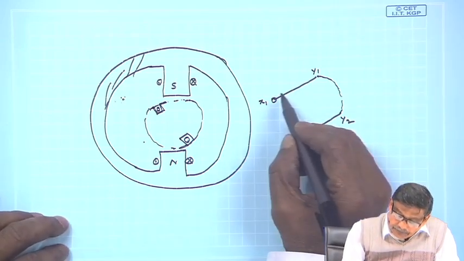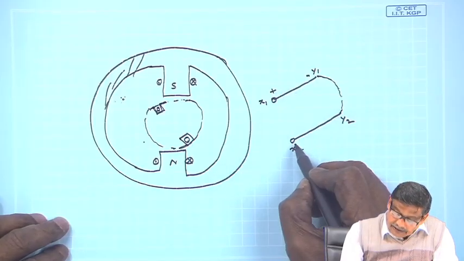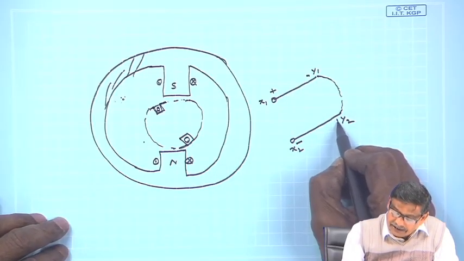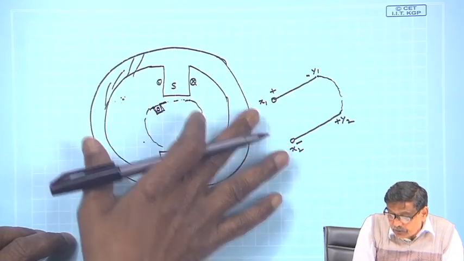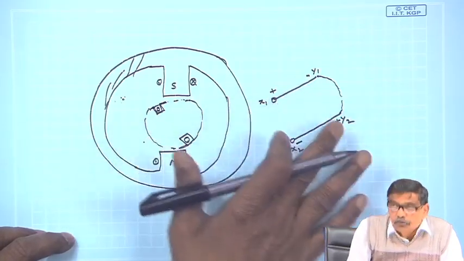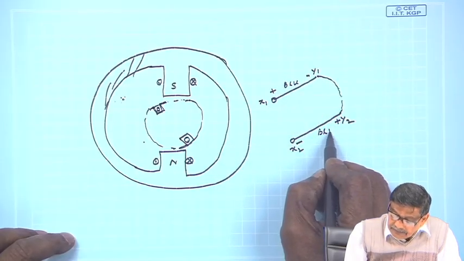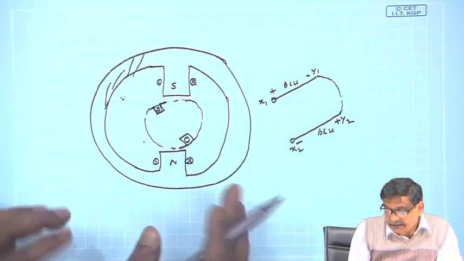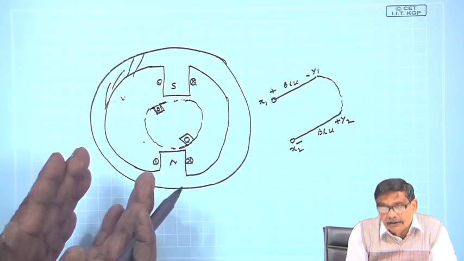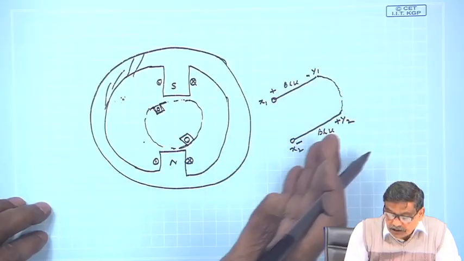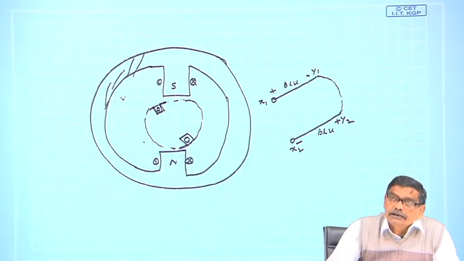And these two EMFs, if it is plus minus here, this will be minus plus there, and then the voltage across x1 x2 will be twice of these two voltages. This is vLV, this is vLV, but the polarities are such that these two EMFs get added up and you get the sum of these two voltages appearing across x1 x2 if it is operating in generating mode.